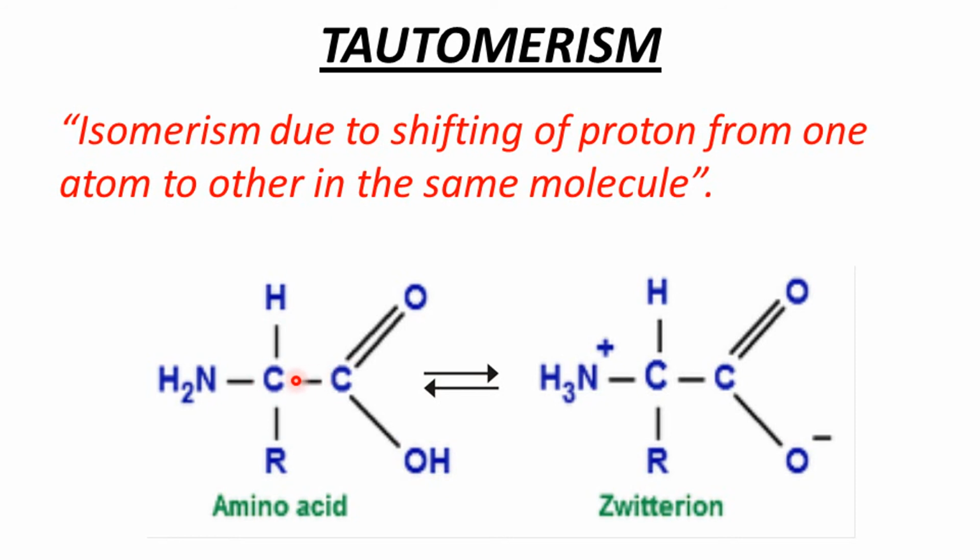Here we have the general formula of an amino acid, because I have written R. Now if we transfer a proton from here to this amino group, then we will get an ammonium ion and a carboxylate ion over here. So in the same molecule we have 2 ends, a negative end and a positive end.